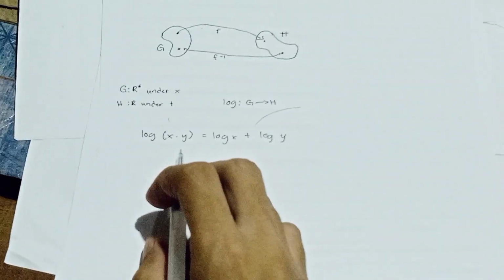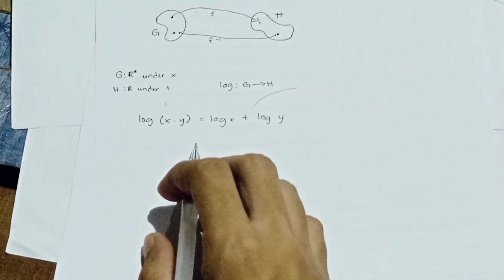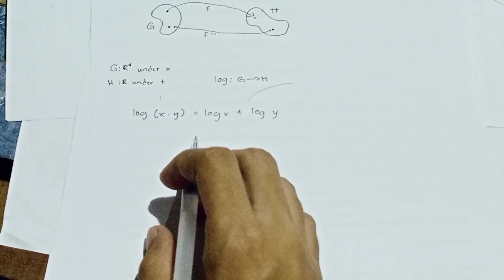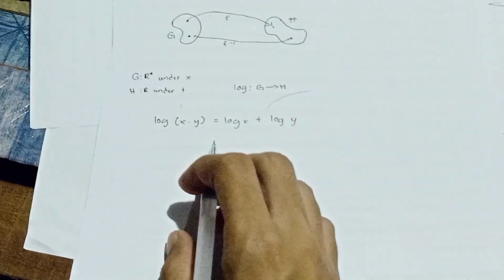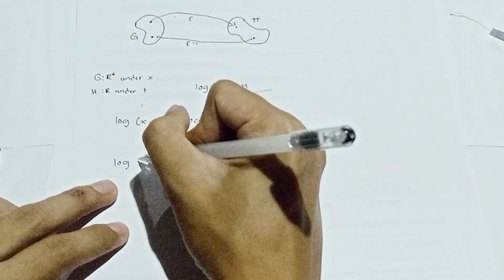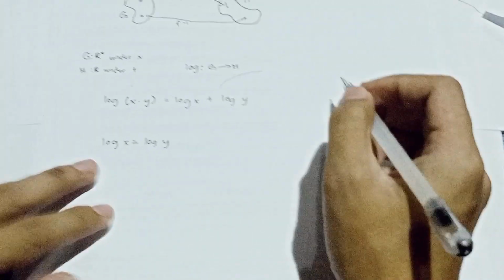To see if this is an isomorphism, we have to test if it's a bijection. Let's first check that this function is one-to-one. Suppose that log x is equal to log y.